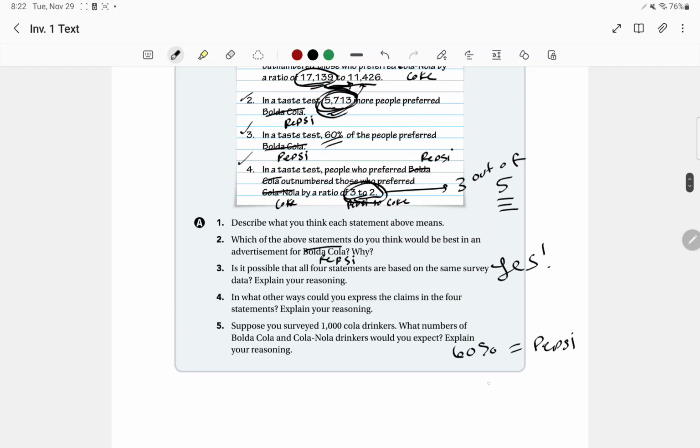If you know 60% prefer Pepsi and the total is 1,000, 60% of 1,000 would be 600. And then 400 preferred Coke. Okay? So on that one, what numbers of Pepsi and Coke drinkers? 600 for Pepsi, 400 for Coke.